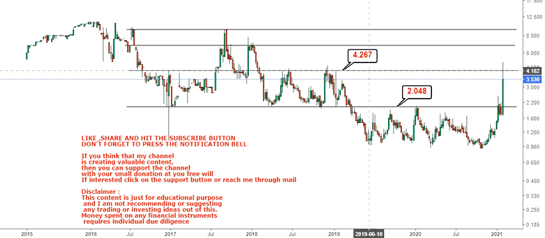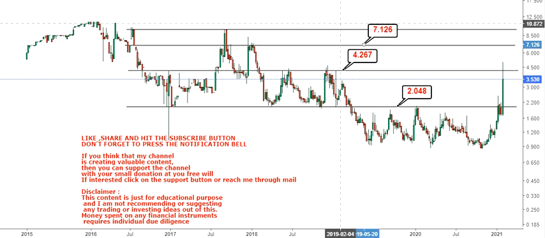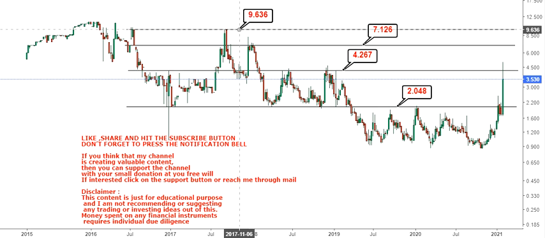So this will again be your first target, but the target in the long term could extend to $7.1, and it could extend up to $9.6 on the upside. So these are the bigger targets that we are looking at on the long term, on the upside.